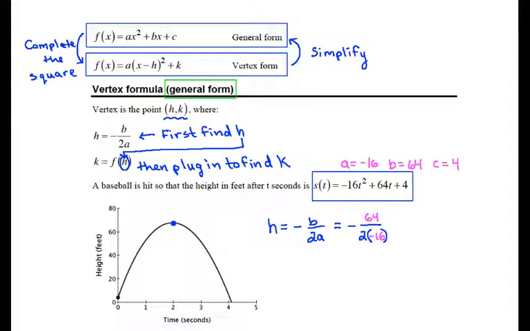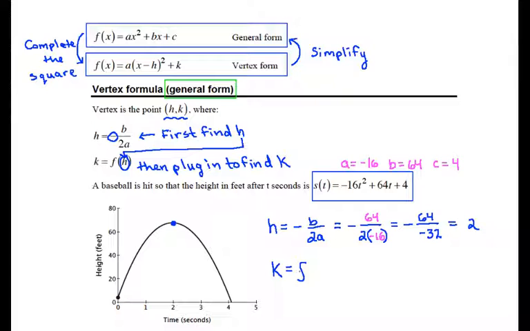I can see that overall I have two negatives in this expression, which is all multiplication and division, so I can already tell that this is going to come out to be a positive value. But I'll go ahead and write it out the long way. 64 over this would be negative 32 on the bottom, and now I can see I have a negative divided by a negative, which is positive 2. I would say a sign error on h is one of the most common mistakes, because sometimes people forget about the negative that is part of the formula.